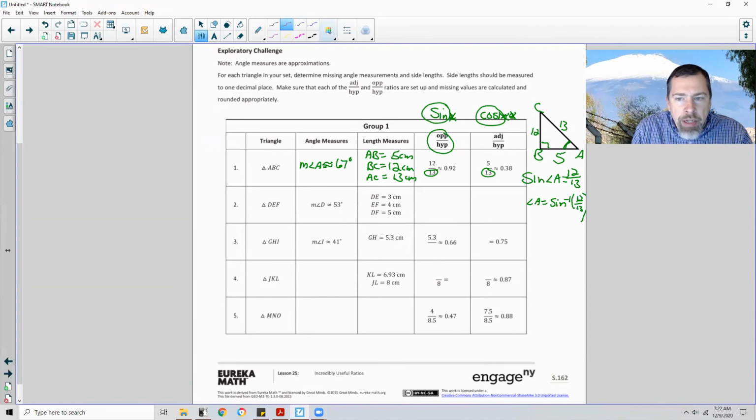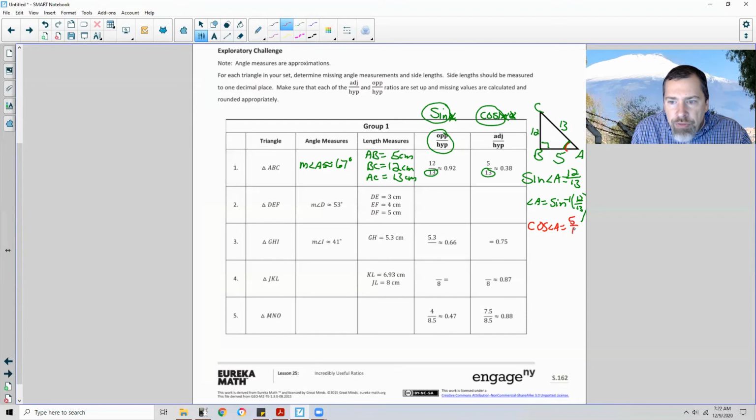Now let me point something out to you. You could have used cosine as well. Remember, I told you up here, cosine's adjacent over hypotenuse. So I'm going to say the cosine of angle A equals, well, cosine of A is adjacent over hypotenuse, 5 over 13. It's right here.